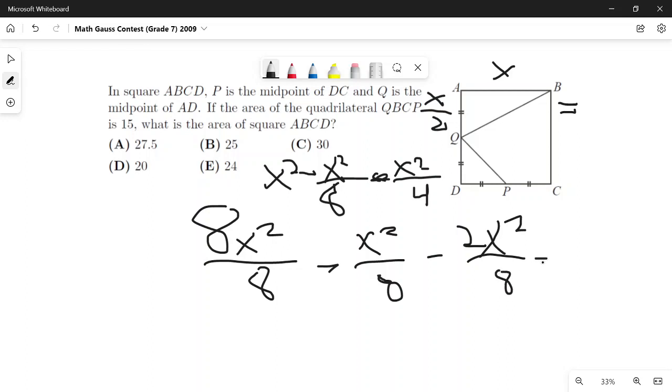So then when you subtract them together, it's 5x squared over 8. So that is what we figured out to find the area of what this is, which is equal to 15.